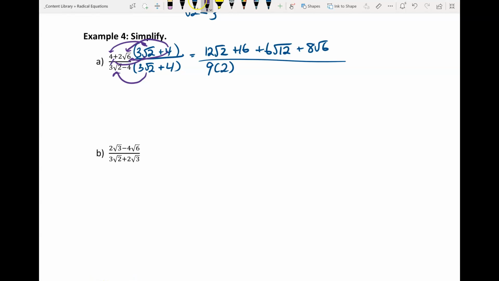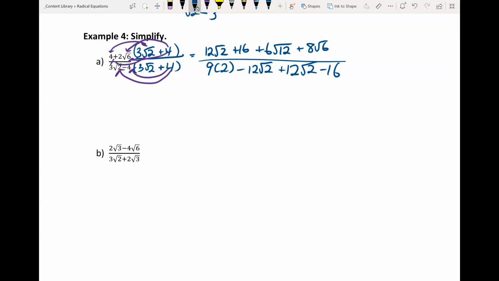Then we're going to do it for our next one. 3 root 2 times negative 4 is 12 root 2. Then moving on to our next term, which is 4 times 3 root 2. 4 times 3 is 12, so we have 12 root 2. And then lastly, 4 times negative 4 is negative 16.